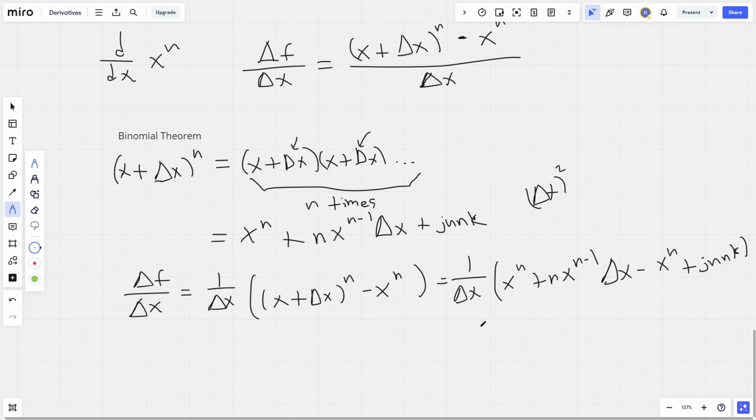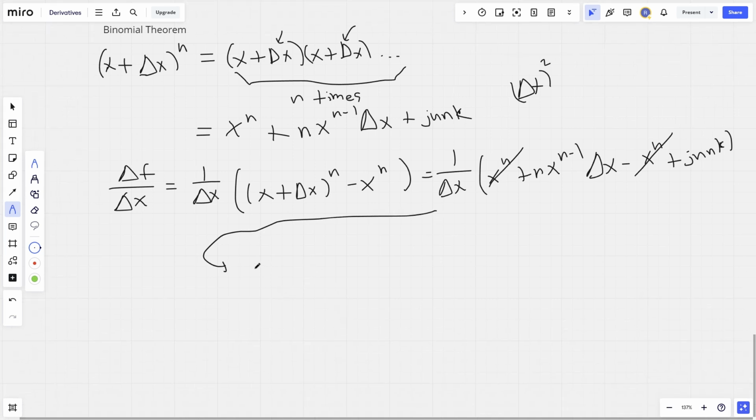And then what happens here is x to the n cancels out, and we're left with 1 over delta x times n x to the n minus 1 delta x plus chunk. Also, the notation for this chunk is O of delta x squared. It basically means any term with delta x having a degree of 2 or greater, and we don't care about that. We'll see in just a second.